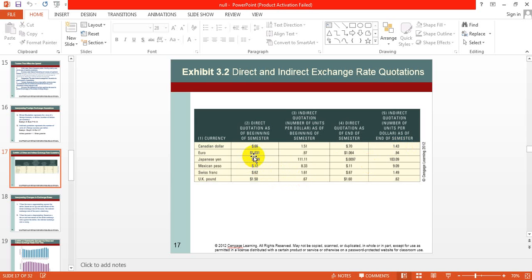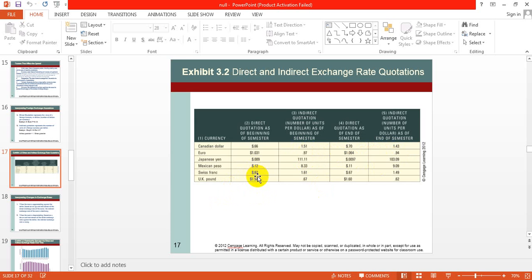Look at this. Direct quotation was 1 euro equal to $1.031 and indirect quotation was 0.97. Now direct quotation appreciates from 1.031 to 1.064. Now look at the indirect quotation after 6 months. It comes down from 0.97 to 0.94.